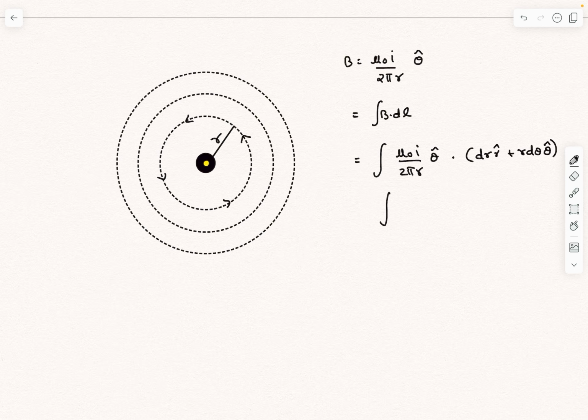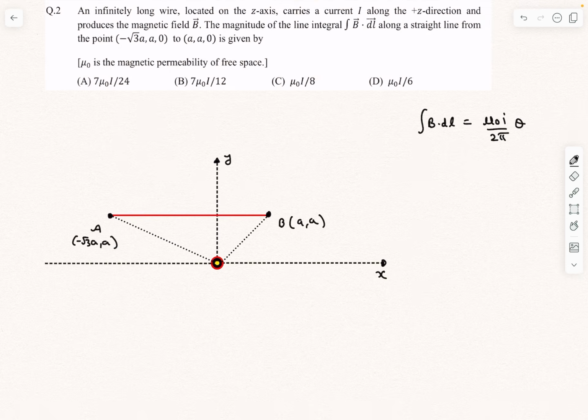So this would be mu naught I divided by 2 pi r times r d theta. Now as you guys can see, the term containing the distance r is being cancelled out. So in the final integral, mu naught I by 2 pi is a constant, and this just becomes the integral of d theta. We'll discuss what the integral of d theta is, but this result is simply mu naught I by 2 pi times theta. So this is what the result actually came out to be.